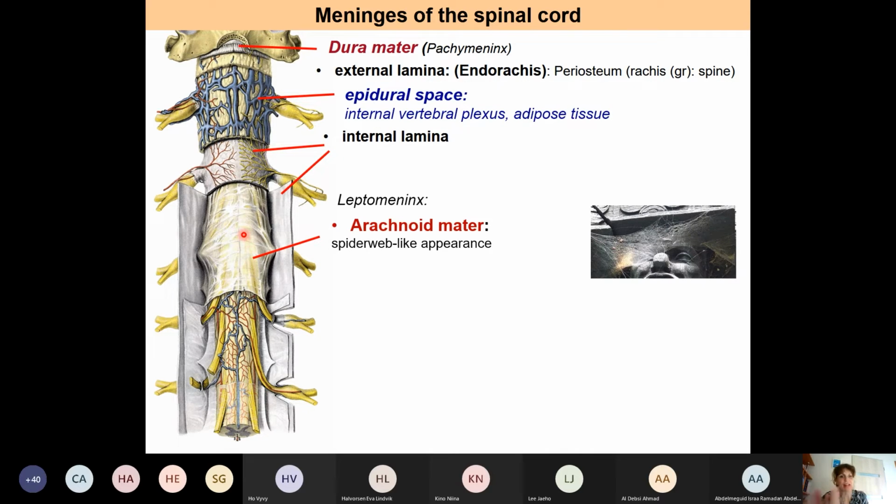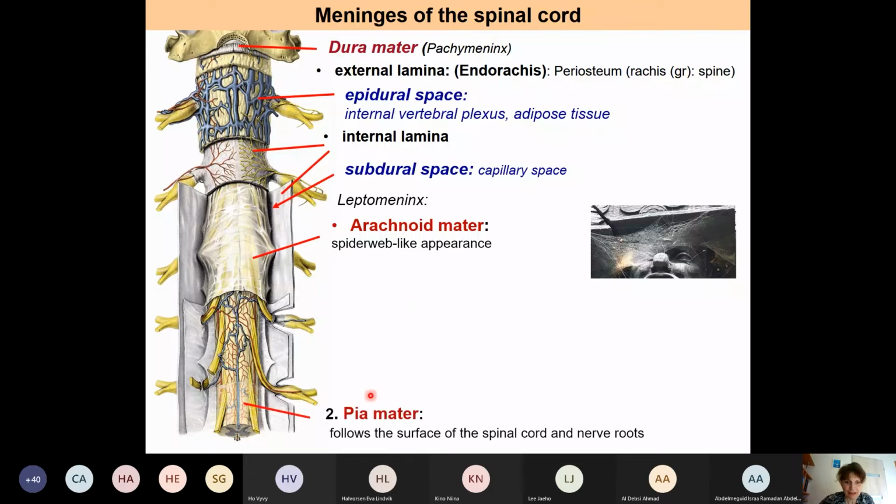It is attached to the inner surface of the dura mater, so we do not actually have this subdural space under normal conditions. This is only a capillary space because the cerebrospinal fluid found under this layer pushes the arachnoid to the dura. And the innermost layer is called pia mater.